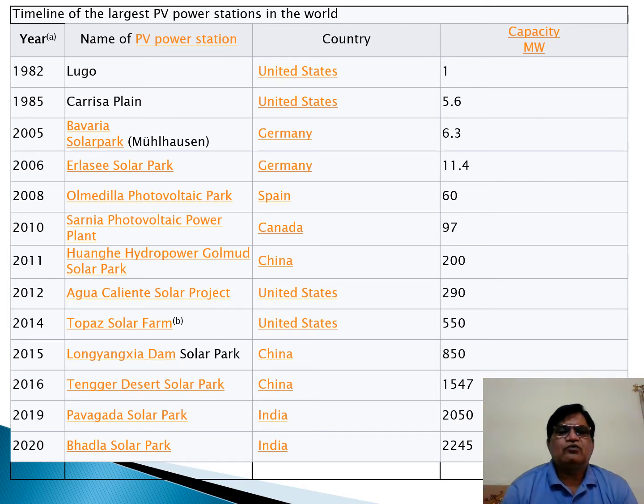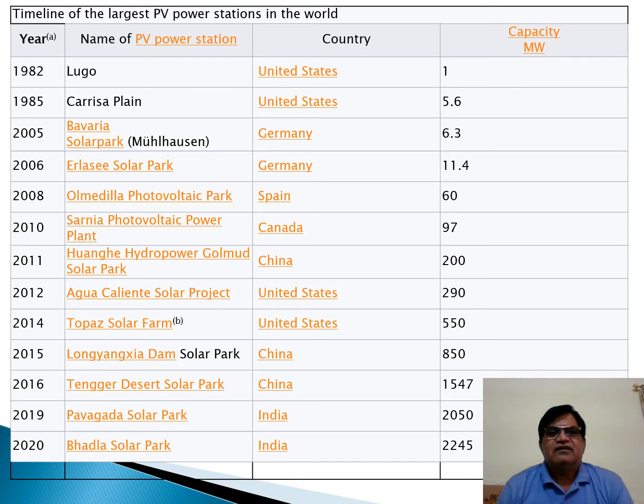Now, through this table you can see that in the year 1982, United States was the leader. United States was able to generate 1 megawatt. Then in the year 1985, United States was able to generate 5.6 megawatt of PV power, that is photovoltaic power.